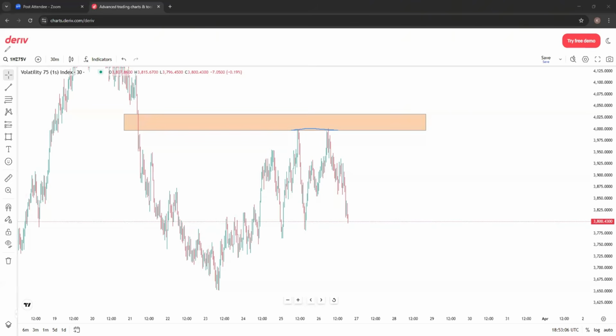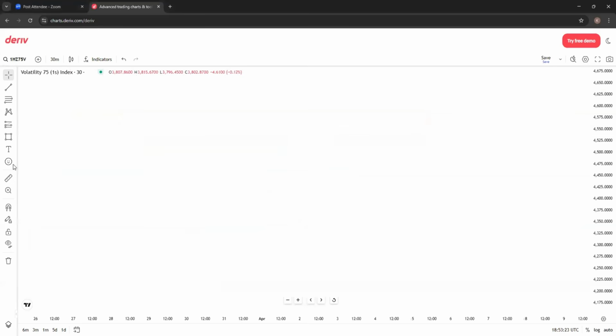Equal highs, or equal lows. Let me put it in this way. What happens is we don't consider the bodies only, we consider the tails mostly. Why?